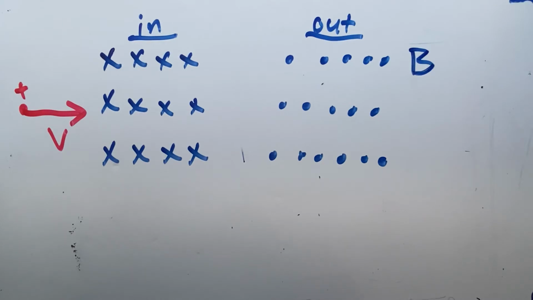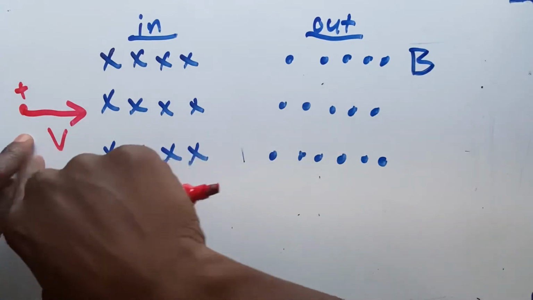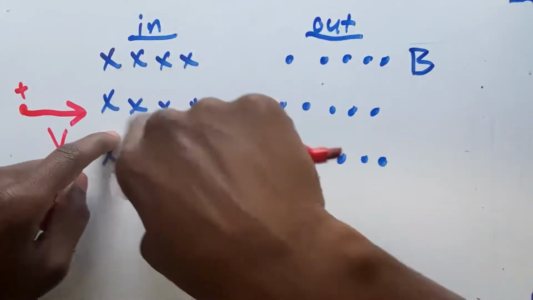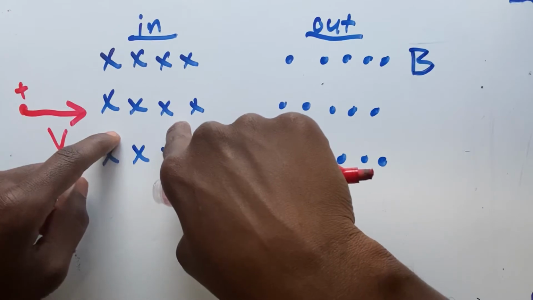So now the question is, what is going to be the direction of the magnetic force on this positive charge? Okay, so once this charge goes inside of this magnetic field, it's going to feel some force in some direction.